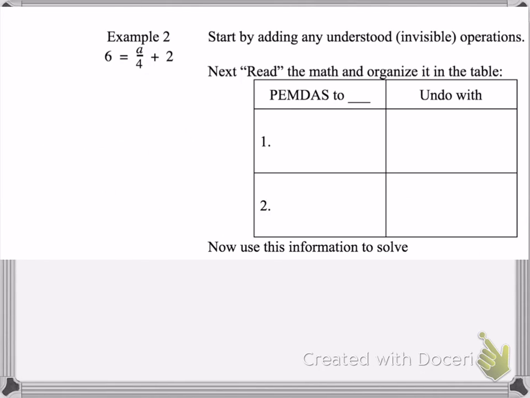So on example 2, same thing, we do the order of operations to the variable a this time. So there are no understood or invisible operations that are missing. So by order of operations, we don't have parentheses, we don't have exponents, multiplication, division, we just have division. So we're dividing by 4, and then we are adding 2.